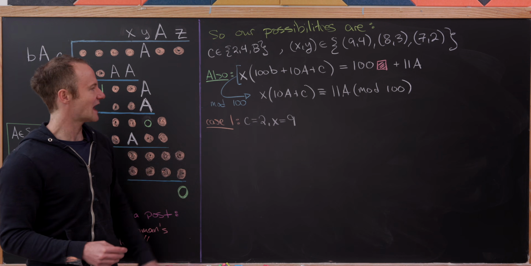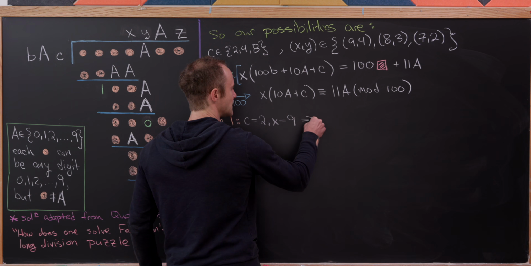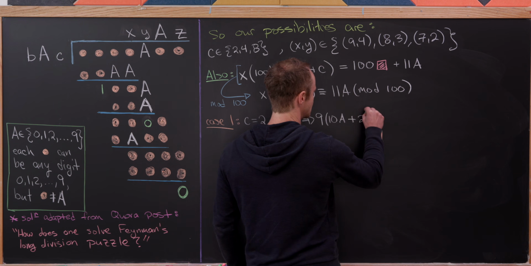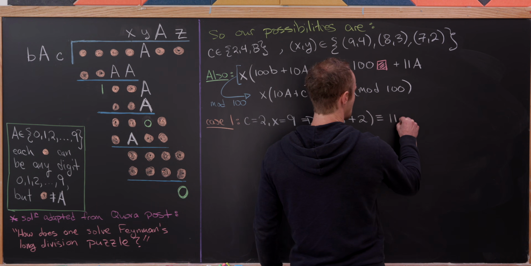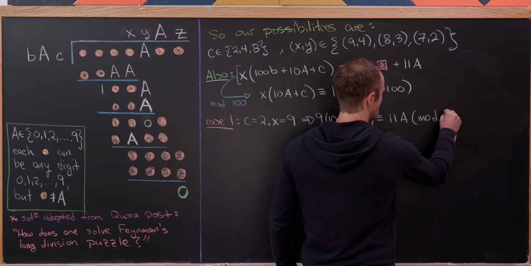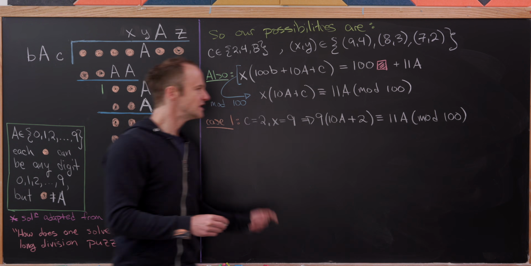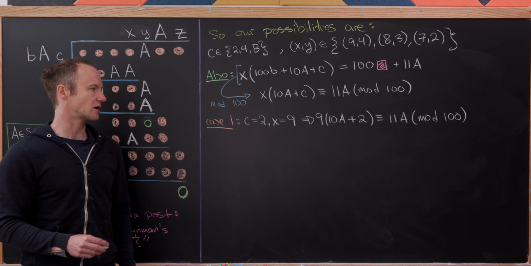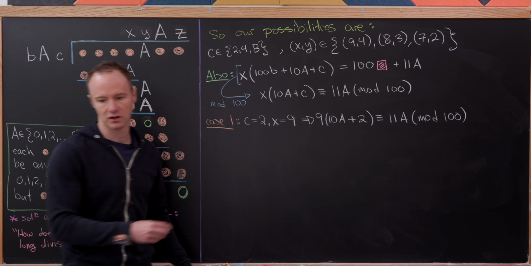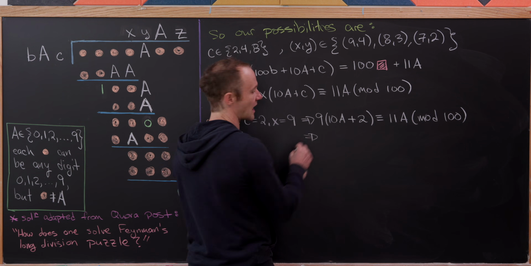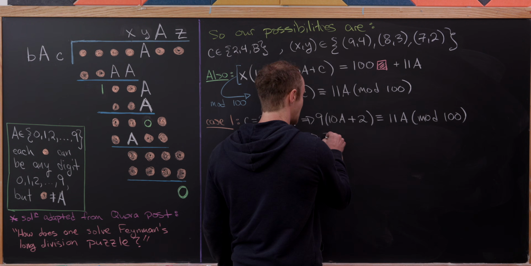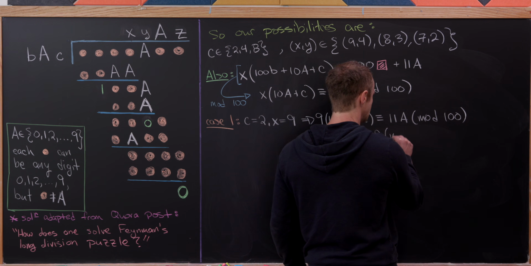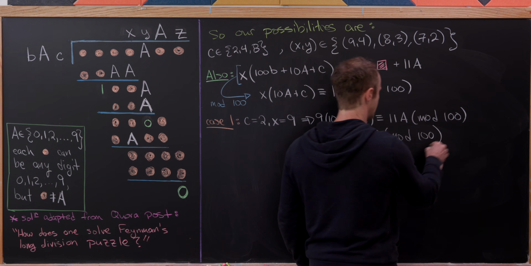Okay, so pushing that into the congruence, what do we have? Well, we'll have 9 times 10a plus 2 is congruent to 11a modulo 100. So that in fact gives us a linear congruence in one variable to solve. So pushing some things around, what we'll end up with is 79 times a is congruent to 82 modulo 100.